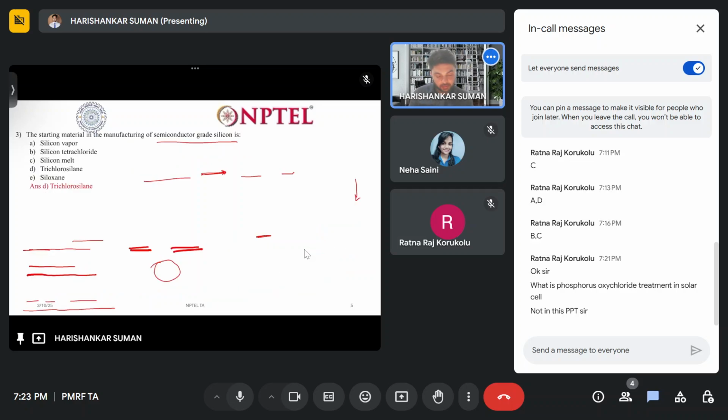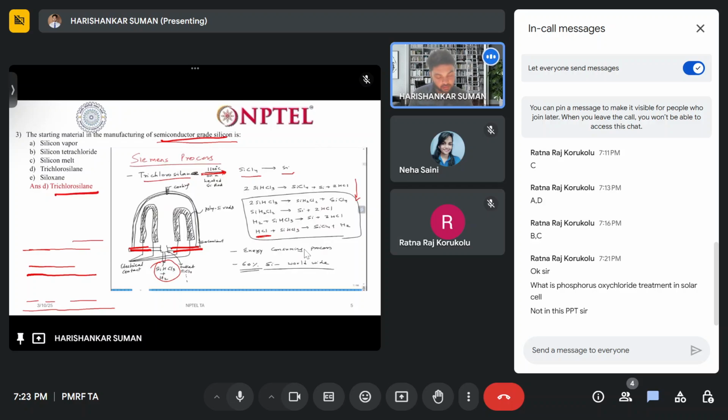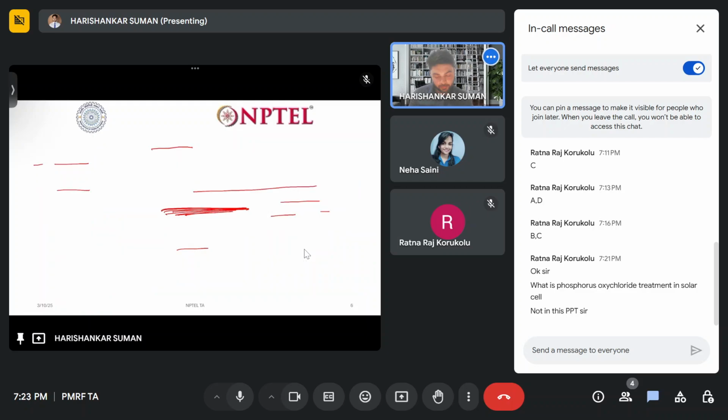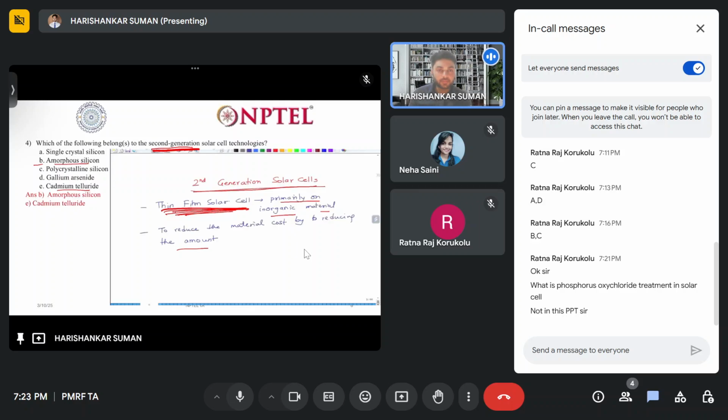Semiconductor grade silicon, trichlorosilane is used initially, and for second generation solar cells, thin film.